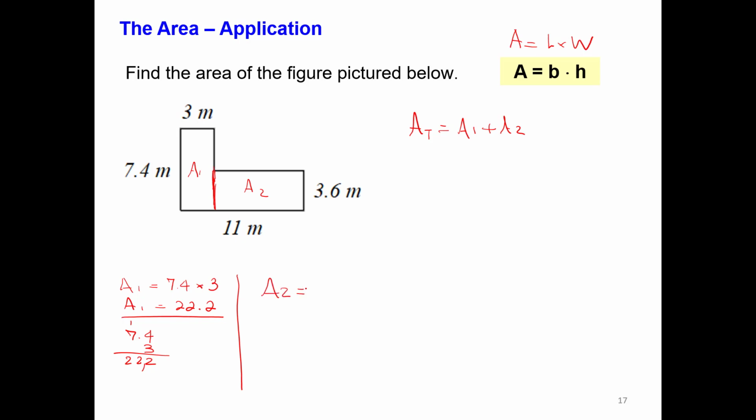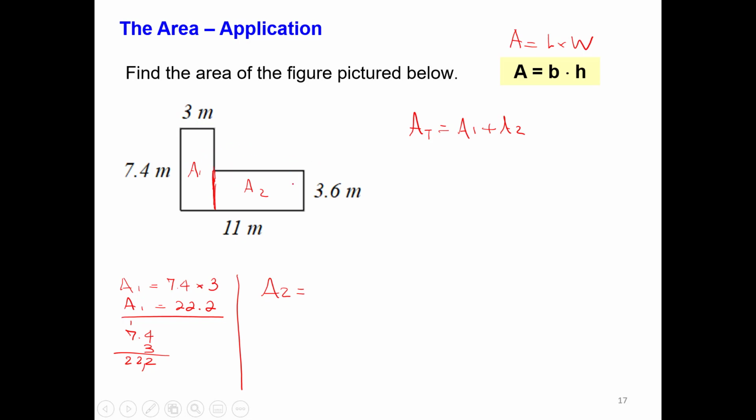Now we need to calculate area 2. Here we have to be careful because we want to calculate the area of just this rectangle. We know the width is 3.6, but we don't know the length. We don't know this height, but we know this is 11, and we know this portion is 3, so we can calculate this length.